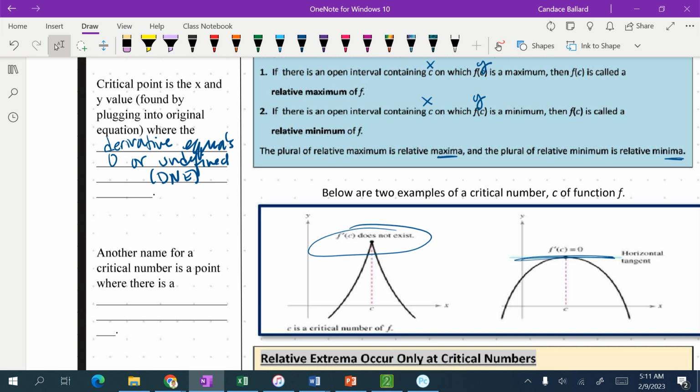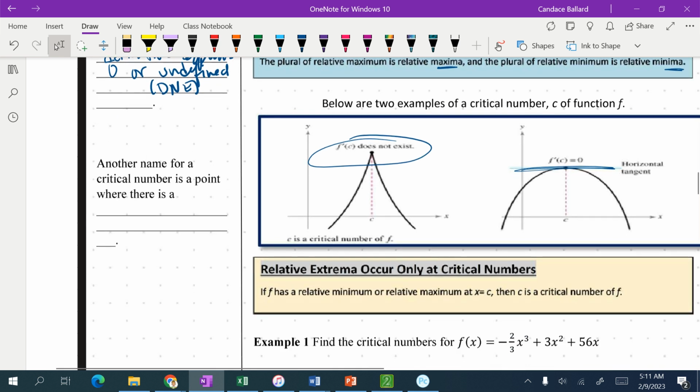And then finally, another name for a critical number is a point where there is a horizontal tangent line. So horizontal tangent line, critical number, derivative equals 0, those all mean the same thing.